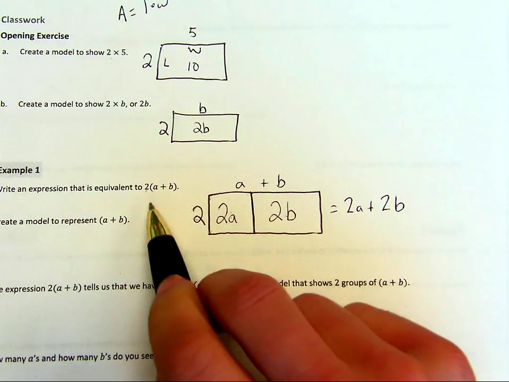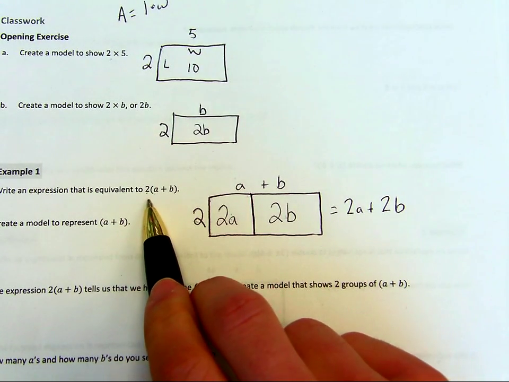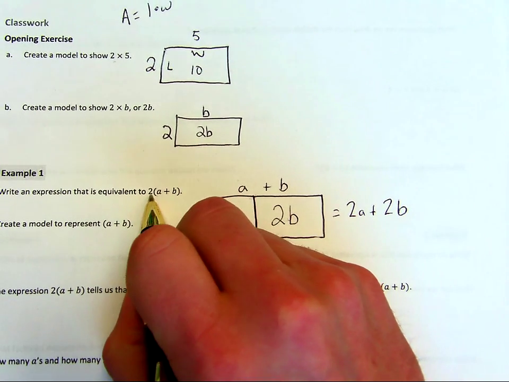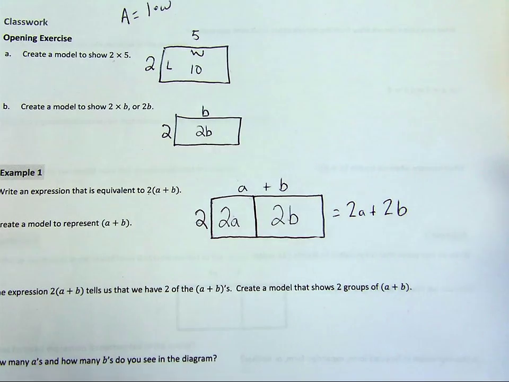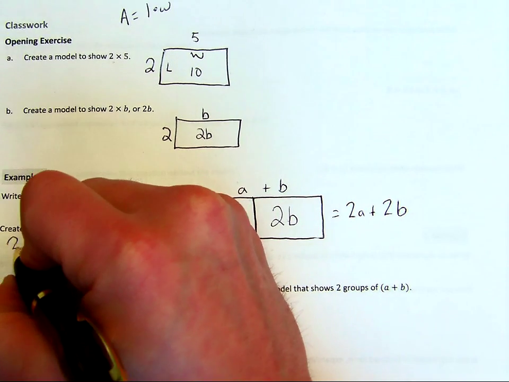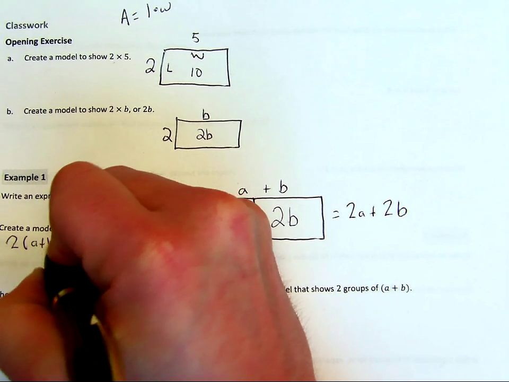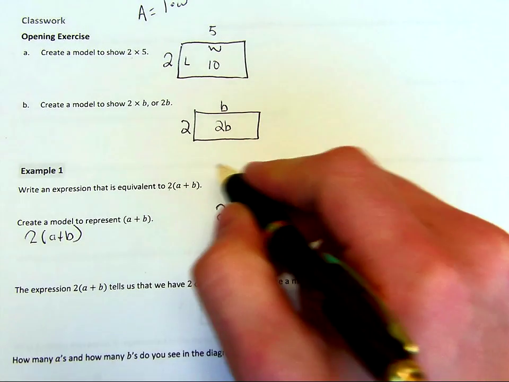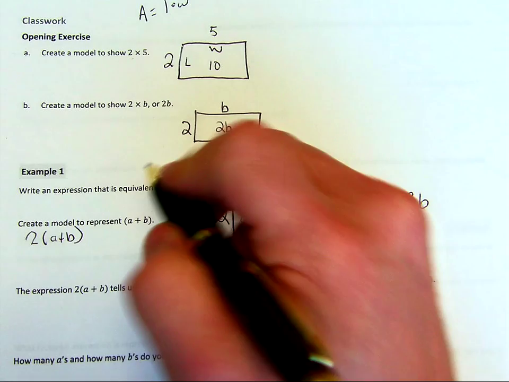That's one way you can do distributive property, is to do an area model. Another way that we've talked about, multiplication is repeated addition. So 2 times a plus b could be 2 sets of a plus b.